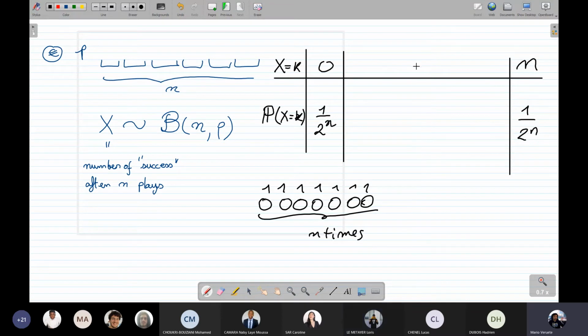Now, a little bit more difficult. Again, assume that the coin is equilibrated, so you have 50-50%. What's the probability that x takes the value k, with any k between 0 and n?